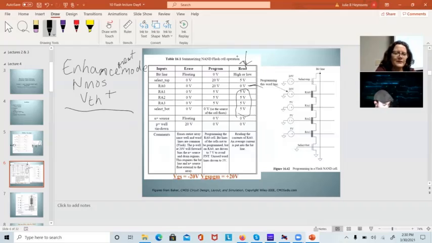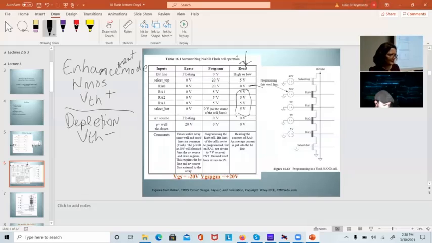If I'm looking at something called a depletion mode, be really careful with these devices. They're not going to do what you expect. V threshold is a negative number. So it takes me actively putting voltage on the gate to turn these depletion mode devices off.